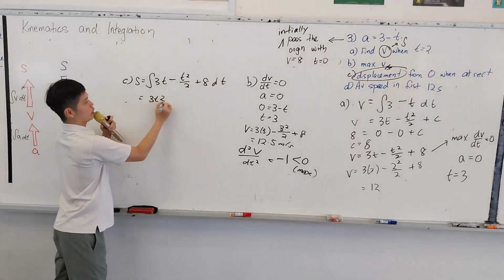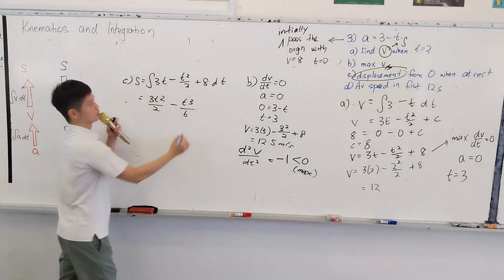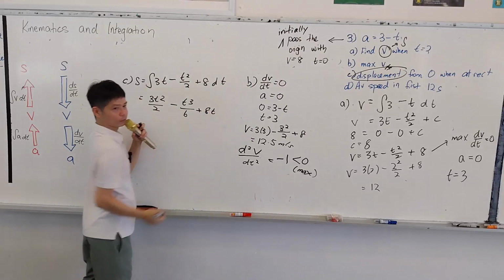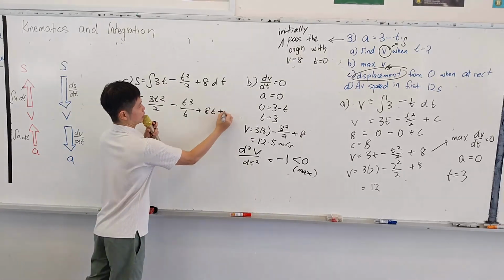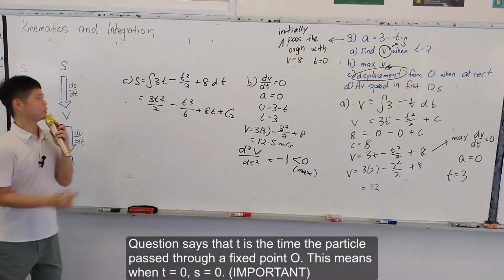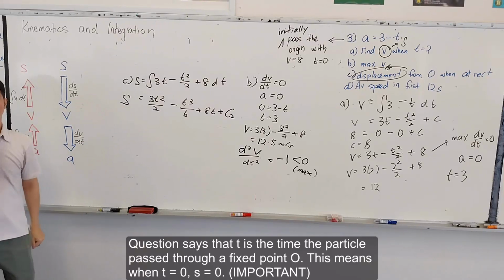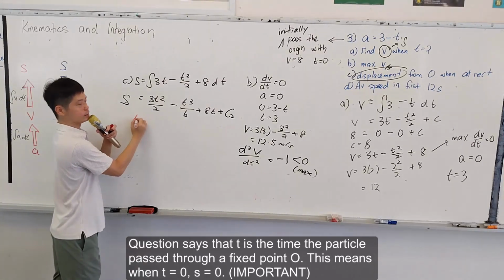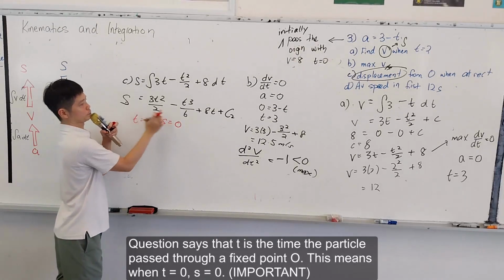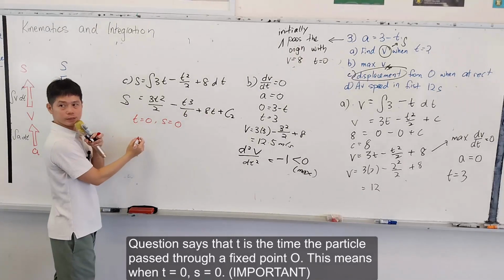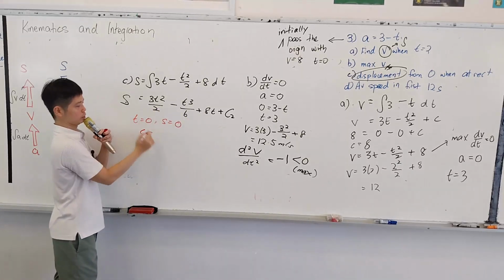I will have 3t squared over 2 minus t cubed over 6 plus 8t plus c. Okay, and I need the s, I need the t. When t is 0, s is 0. So c is 0.